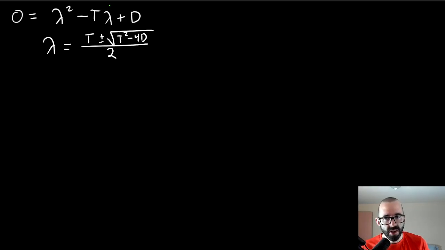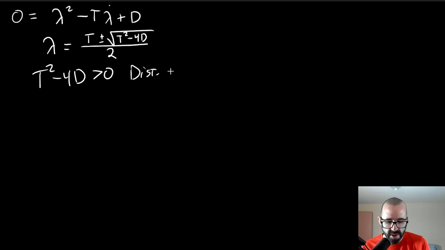Remember, looking at this equation, we have very different types of behavior depending on this discriminant. Specifically, we know that if the inside of this is positive, then we have distinct real roots, which means distinct real eigenvalues.